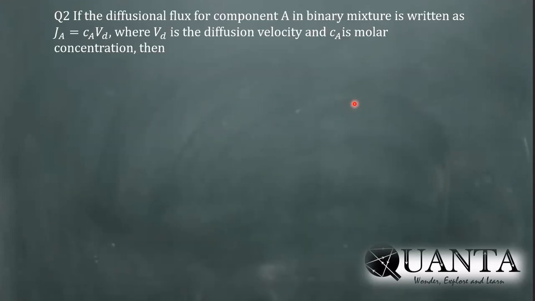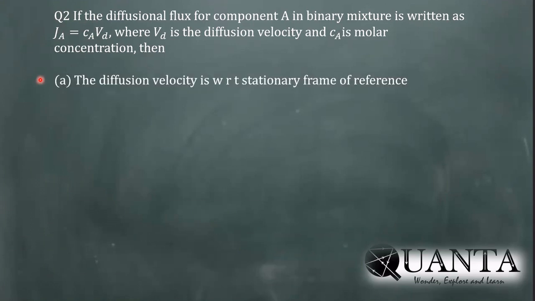Let's take another question. If the diffusional flux for component A in a binary mixture is written as J_A equals C_A multiplied by V_D, so this is new here, where V_D is the diffusion velocity and C is the molar concentration. Then we have seen the expression for J_A in terms of C_A. So let's see what the options are.